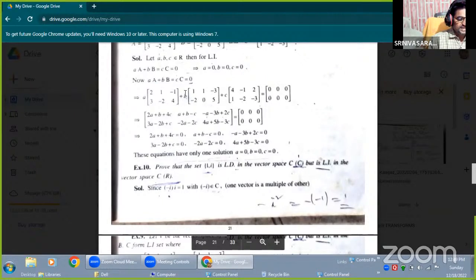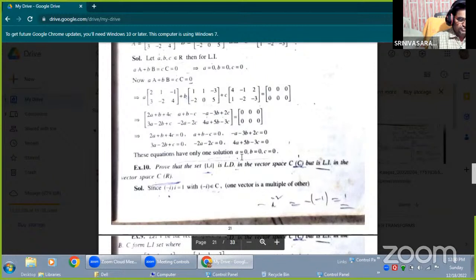Then minus a minus 3b plus 2c equal to 0. In the same manner, 3a minus 2b plus c equal to 0, and the second row, third element. Since it is 2 by 3, the first row has 3 elements and the second row has 3 elements. Those elements are equated to 0, and all those equations must be solved.